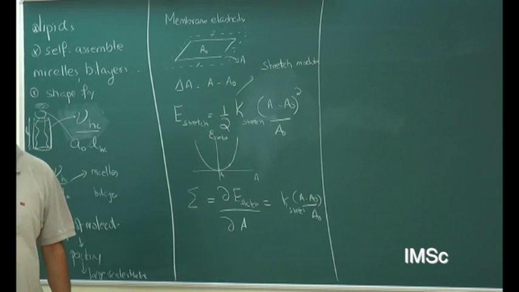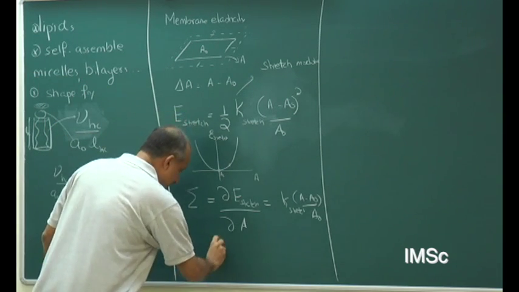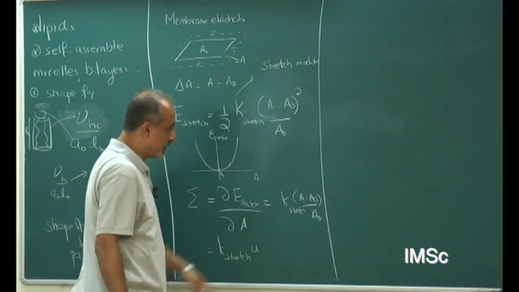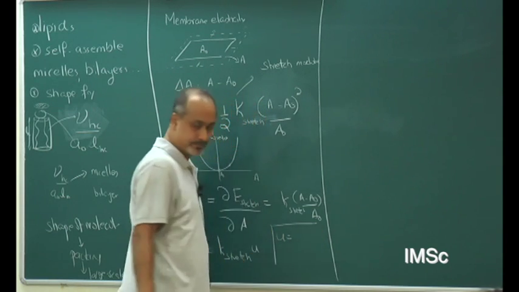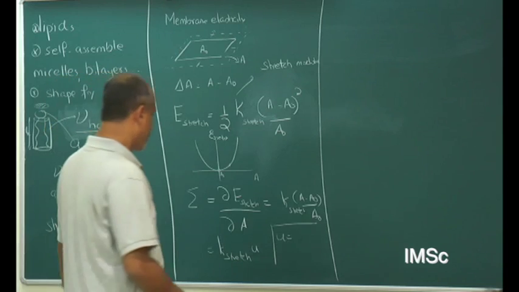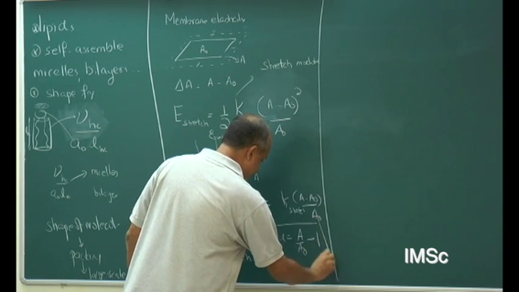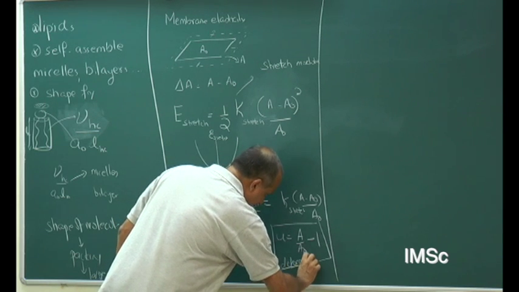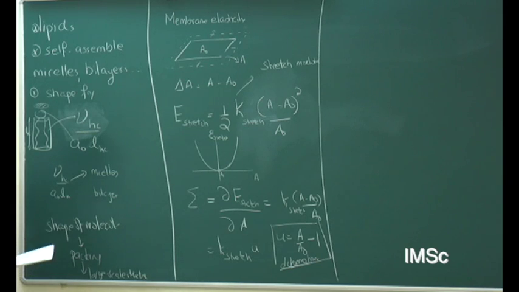which I can write as K stretch times U, where U is this particular quantity, A over A naught minus 1. So U measures the fractional deformation of the area.